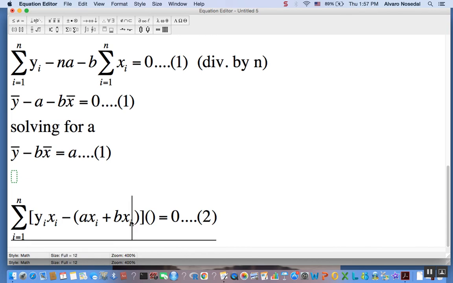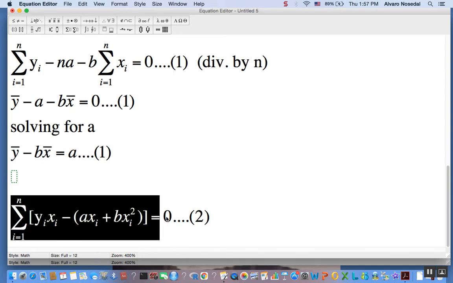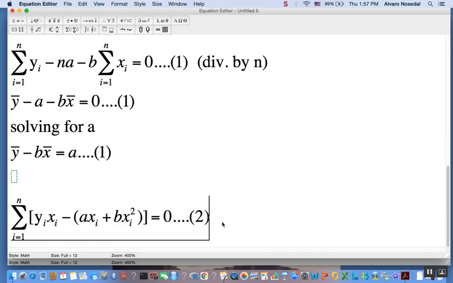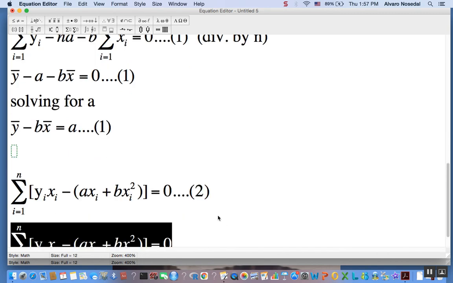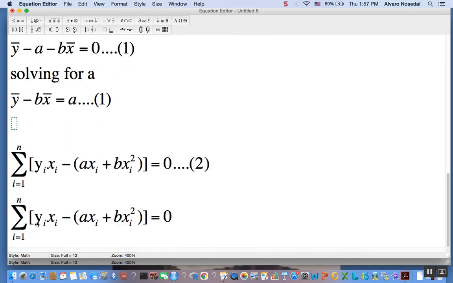Agreed? So now let's try and expand that. We're going to have summation of xi's yi's, right?